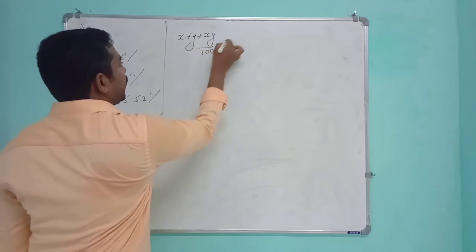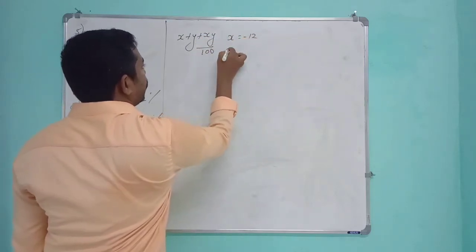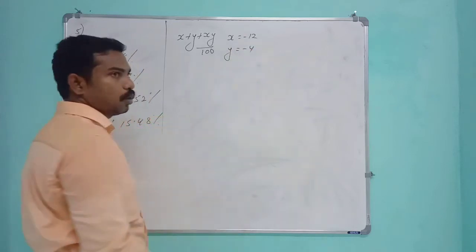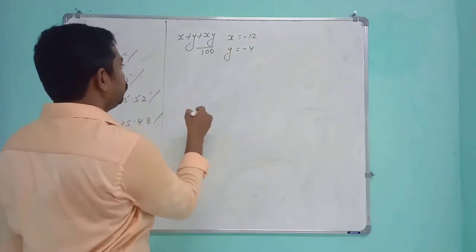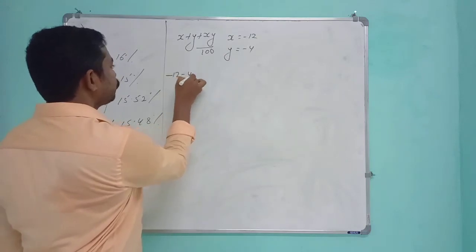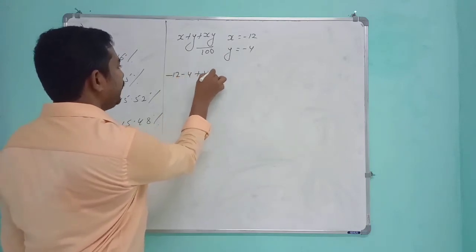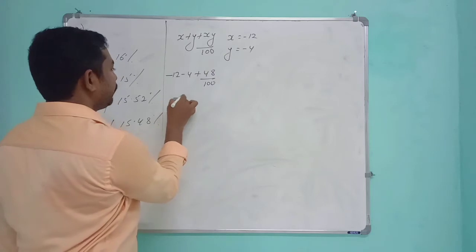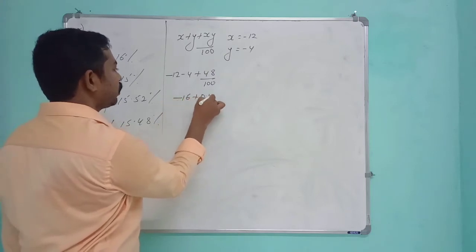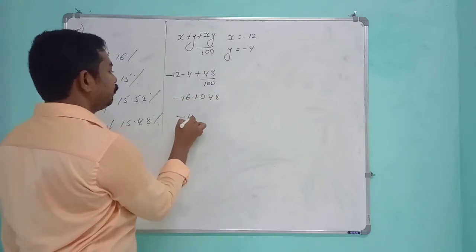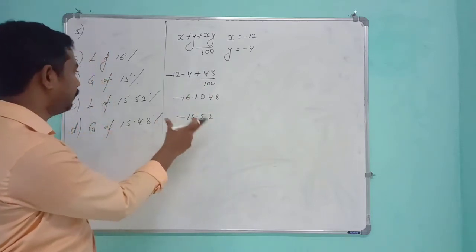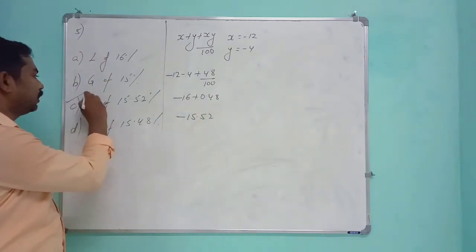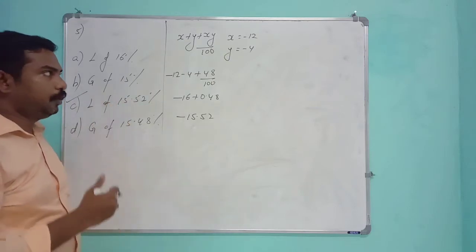Now consider x as minus 12 and y as minus 4, because 12% land and 4% production decrease means negative values. Therefore, minus 12 minus 4 plus 48 by 100. That is nothing but minus 16 plus 0.48. The answer is minus 15.52. So minus 15.52 means that is a loss. That can be seen clearly in option C, that is 15.52. But we will do it in another way.